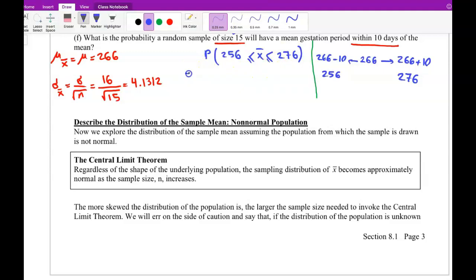So since here it is x bar, instead we need to find z. So z is between negative 2.42 and here is 2.42.